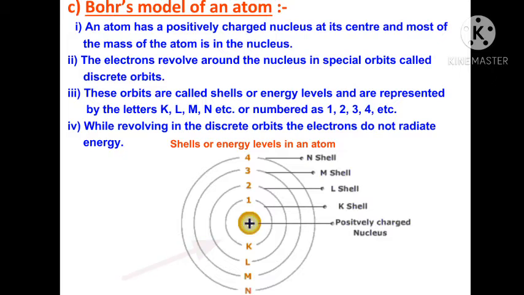The electrons in an atom move from a lower energy level to a higher energy level by gaining the required energy, and electrons move from a higher energy level to a lower energy level by losing energy.